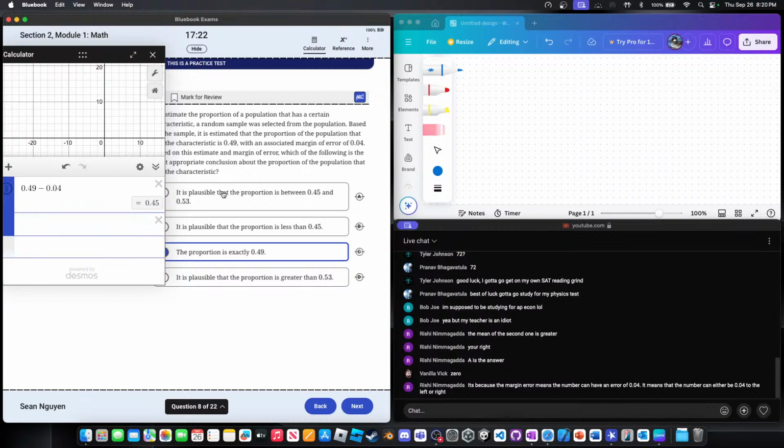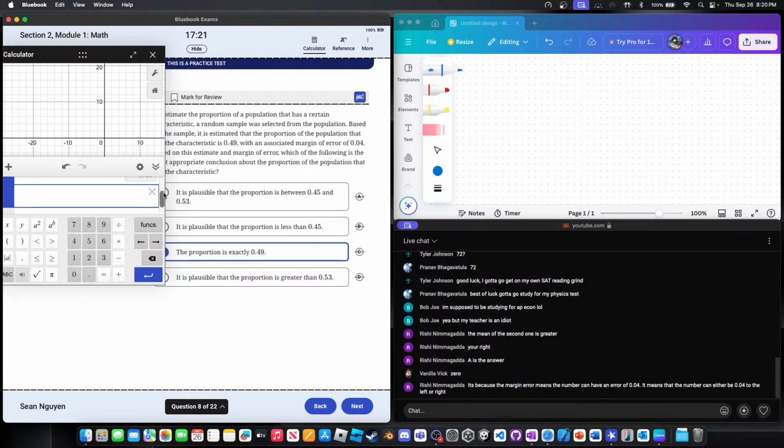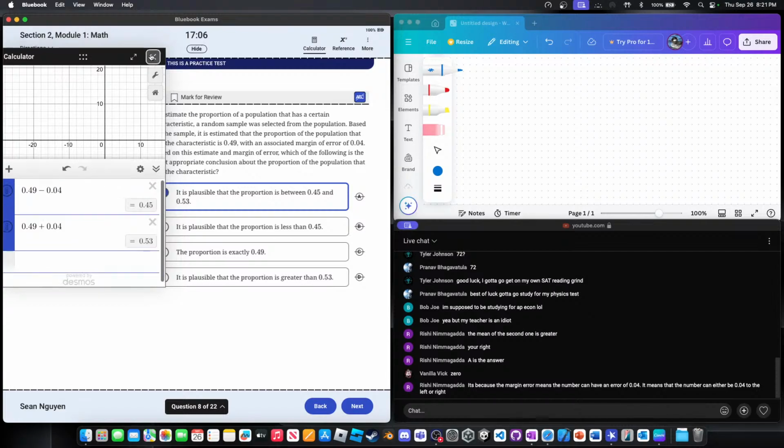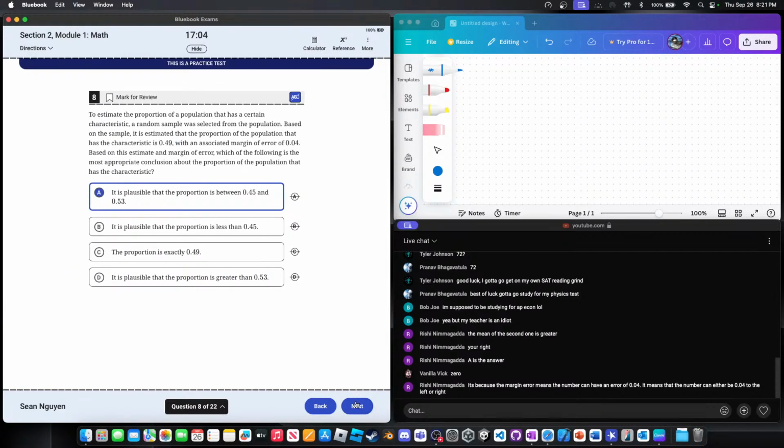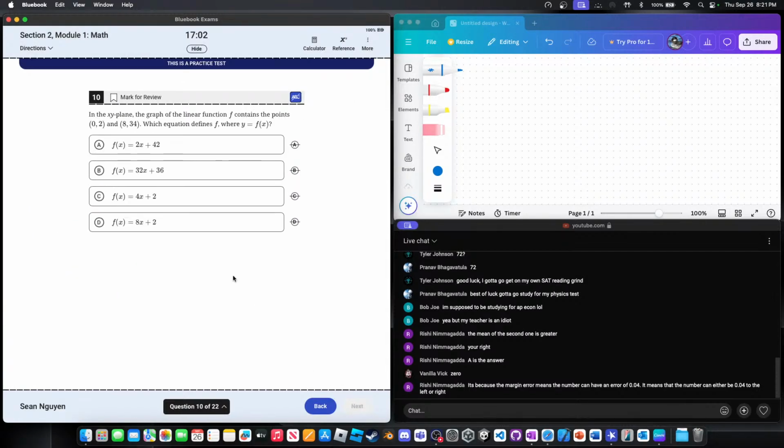You're right. Obviously, I got it wrong, but we're just going to leave that there for the sake of good looks. 0.45, and plus is 0.53. Yeah, that's right. You're right. Should have made the actual calculation myself.